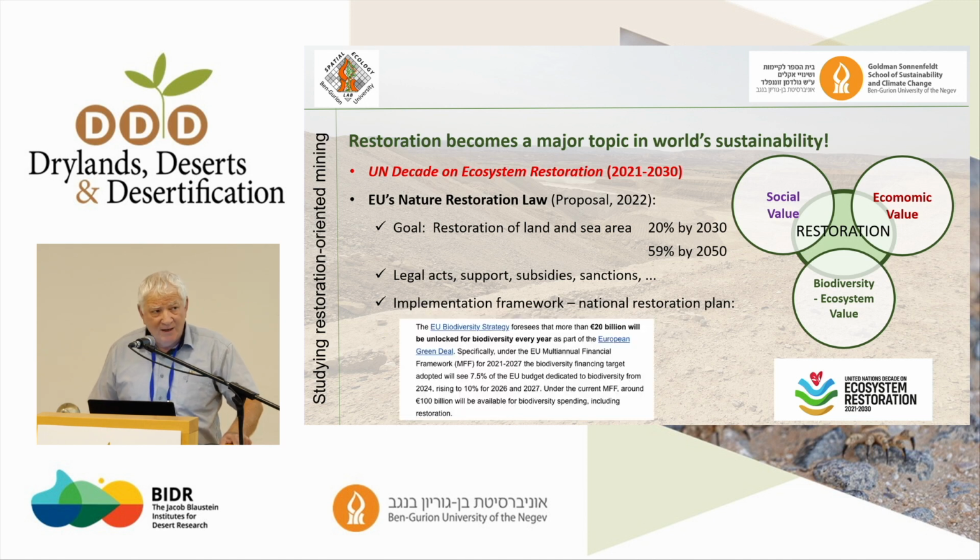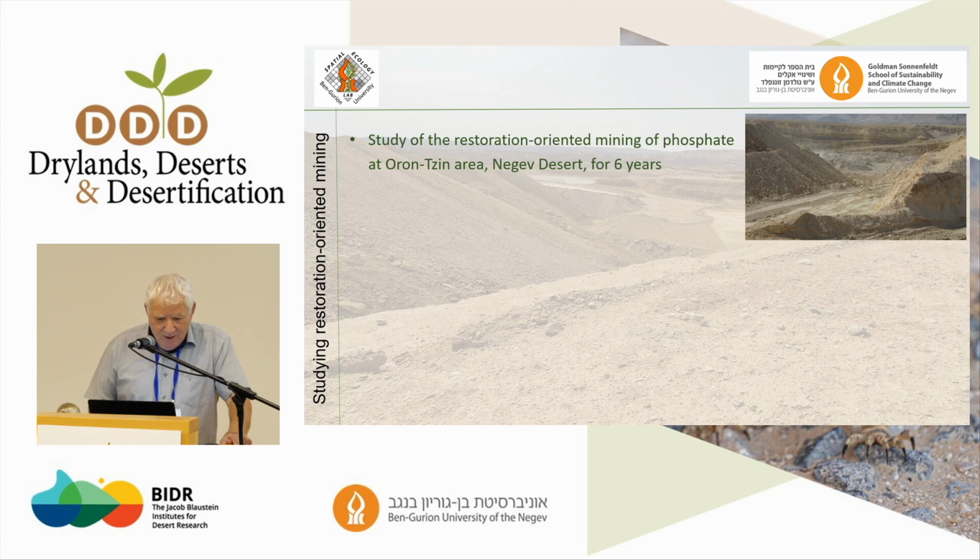They're going from about 20 billion euro a year now invested in restoration and recovering degraded areas, all the way in several years to 100 billion euro a year for restoration. So they really take it seriously.